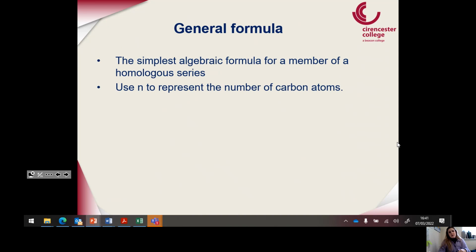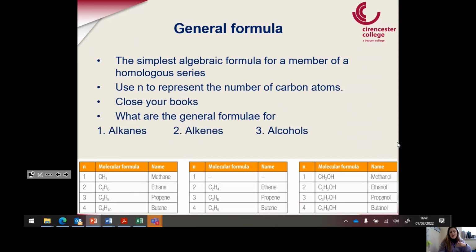So the general formula is almost like an algebraic sort of equation that helps you figure out how many carbons, hydrogens and oxygens there are in any molecule of this specific homologous series. So for example, alkanes, you might remember from GCSE, the general formula for an alkane is CnH2n+2.